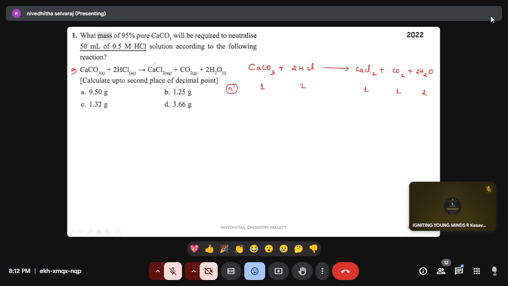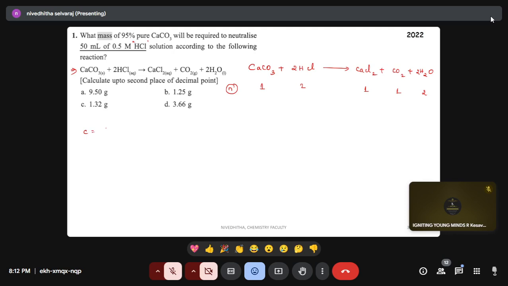Here, in the given data, the HCl they've taken is 50 ml of 0.5 molar concentration, right? So from the concentration and volume, please find the number of moles of HCl they have taken. What is the relationship between concentration, volume and number of moles?